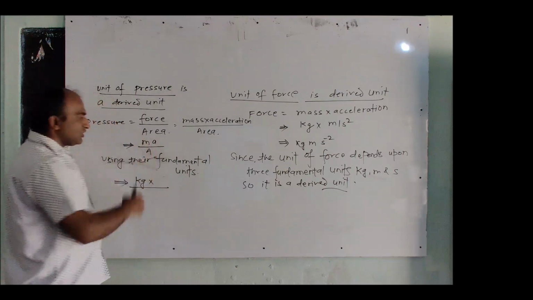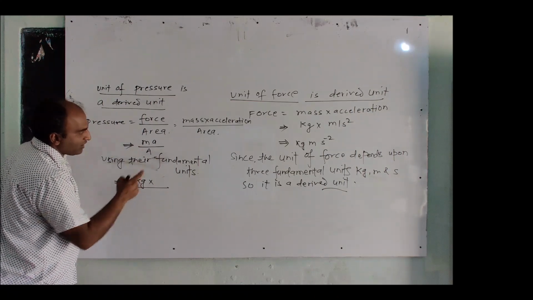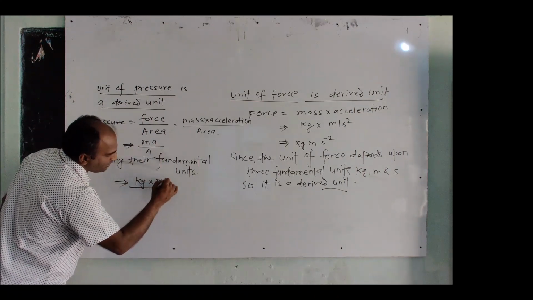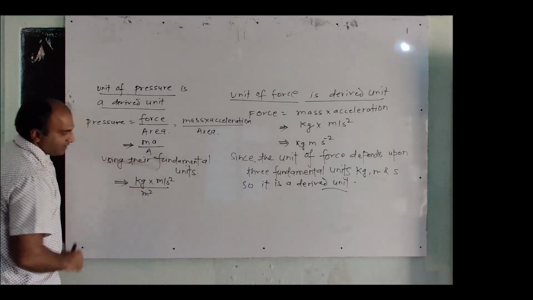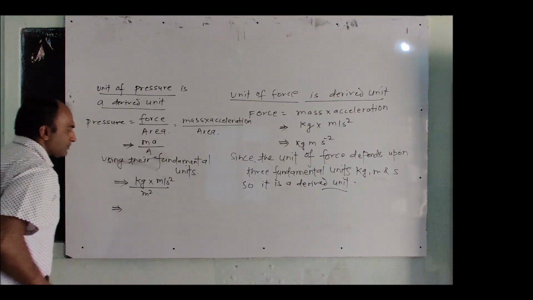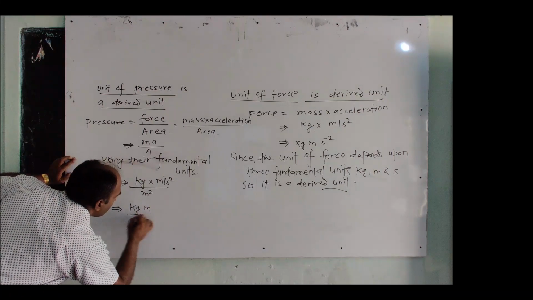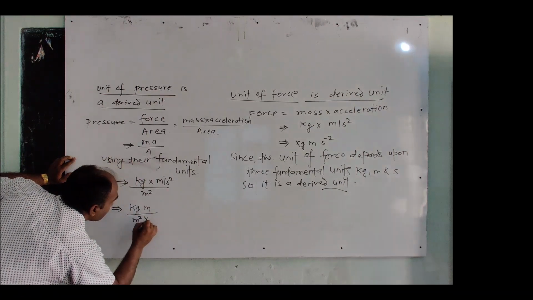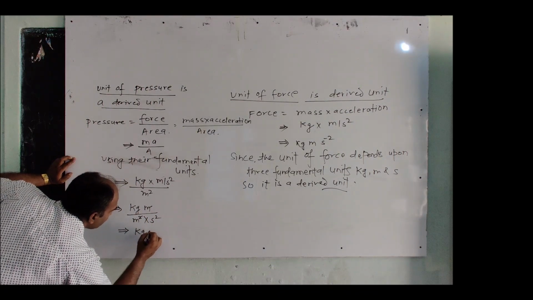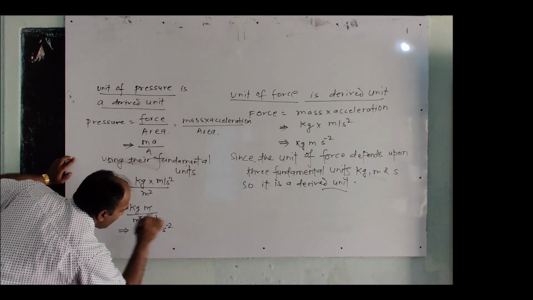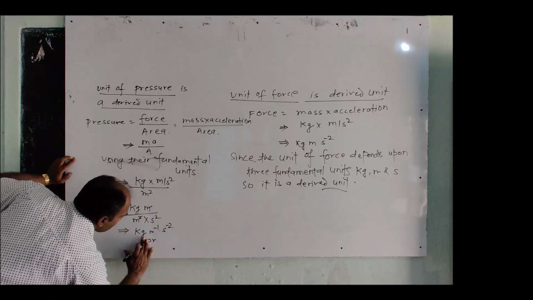Using the fundamental units of these physical quantities, mass is expressed in kilogram, acceleration in meter per square second, and area in square meter. So we can write kg meter divided by meter square into second square, meter cancels, so kg meter minus 1 second minus 2.